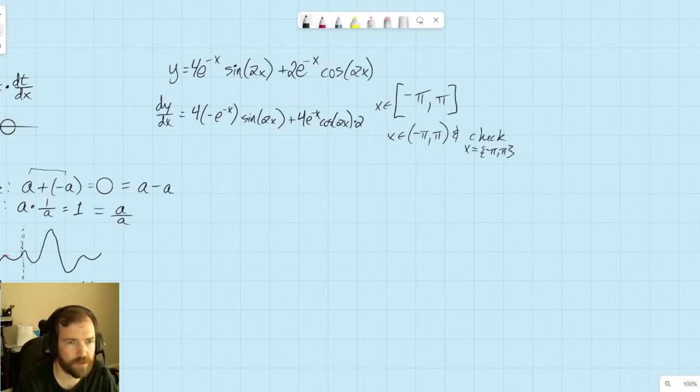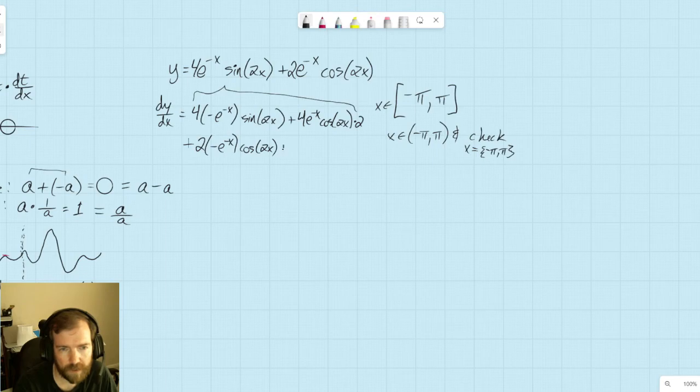So that's for the first one, we have the product rule. And then plus, the product rule for the second is going to be 2 times negative e to the negative x times the cosine of 2x, plus 2 e to the negative x times negative sine of 2x times 2.